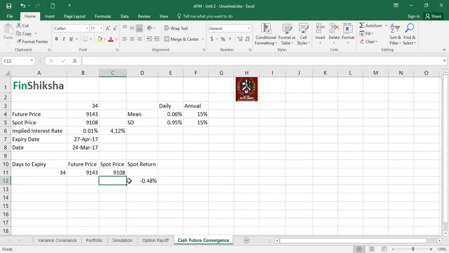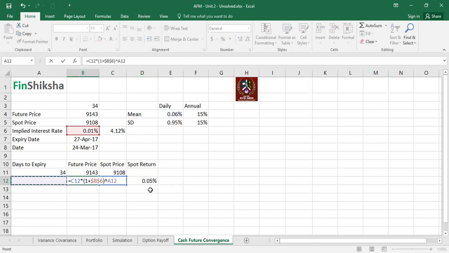If that's the spot return for the next day, my spot price should become this into 1 plus the return. And consequently, my future price should become this into 1 plus the rate of implied interest rate, freeze this, raised to the power number of days to expiry, whatever that number of days to expiry are, right?